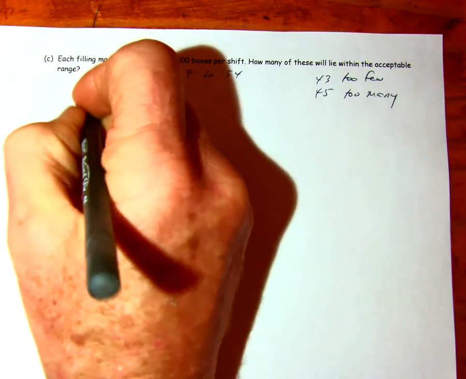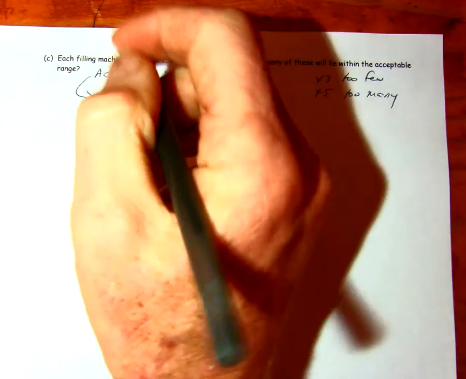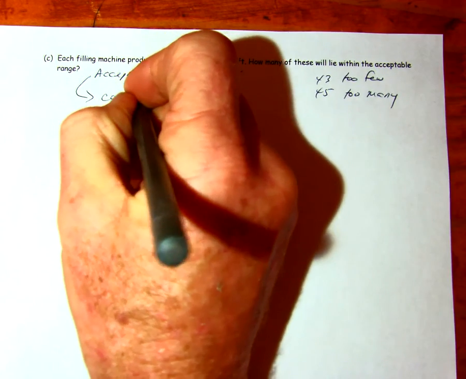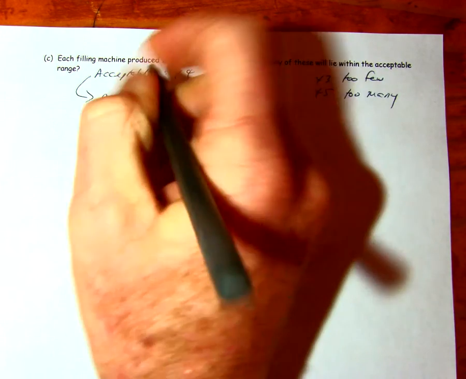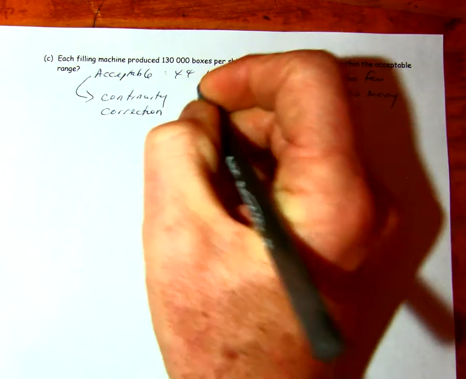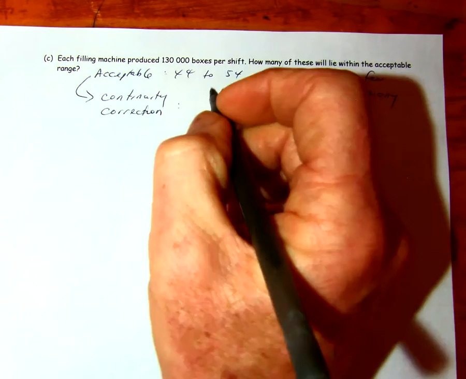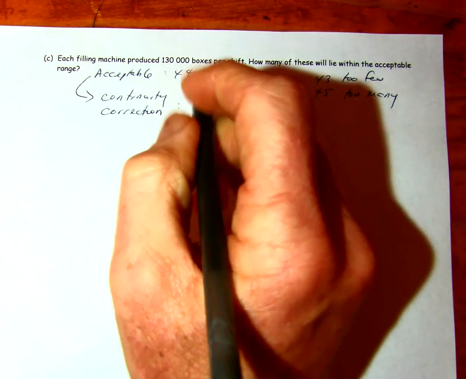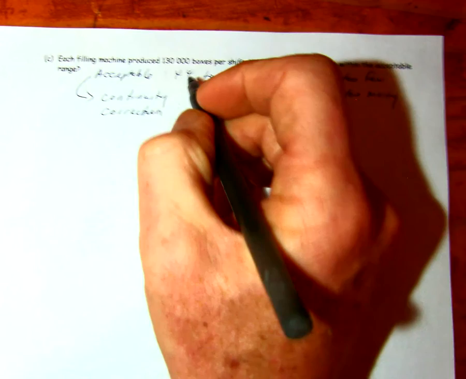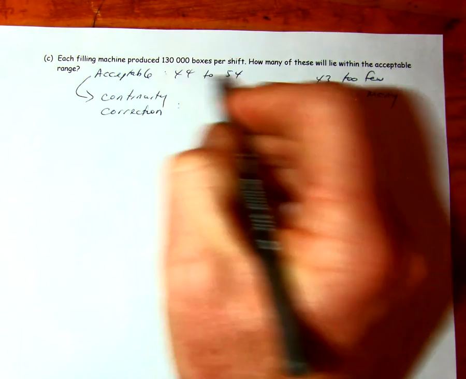So again, whenever we're doing discrete data, we have to do continuity correction. So that's not what we're going to use as our range. We're going to use what? So is it going to be 44 and a half or 43 and a half? Like this is going to change to a half. This is going to change to a half.